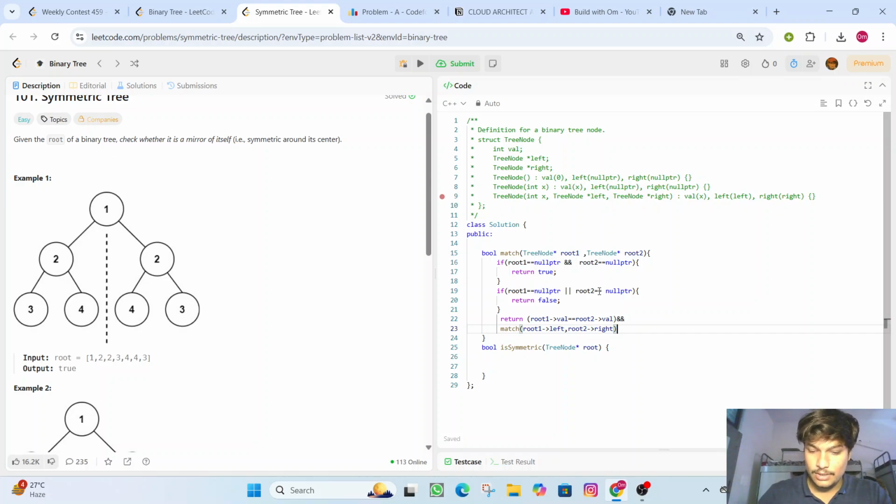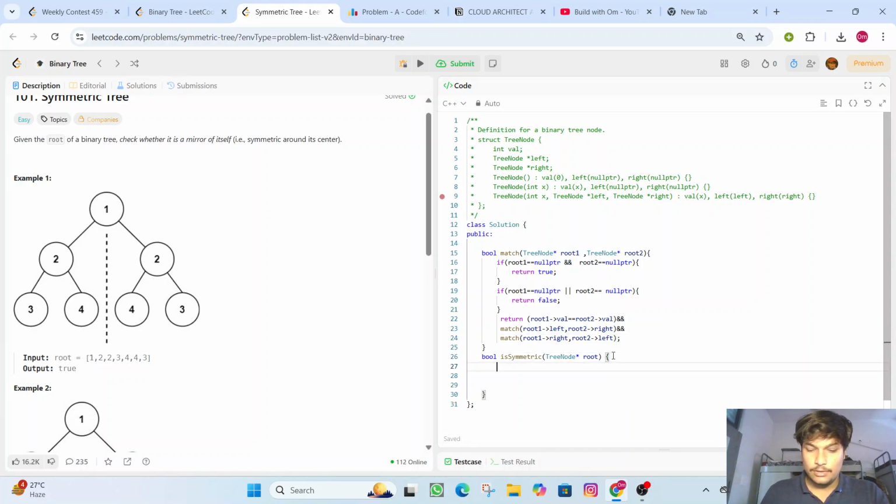Then after again applying the AND condition, we call the function again for checking root1 right and root2 left. Here we specify this condition and apply the semicolon. In this case, we again write the base case for that condition: if the root is equal to nullptr, then you have to return true.